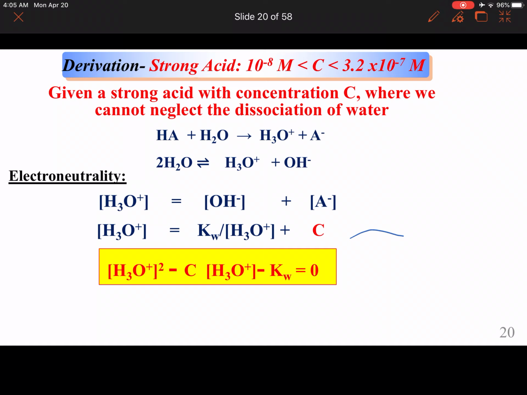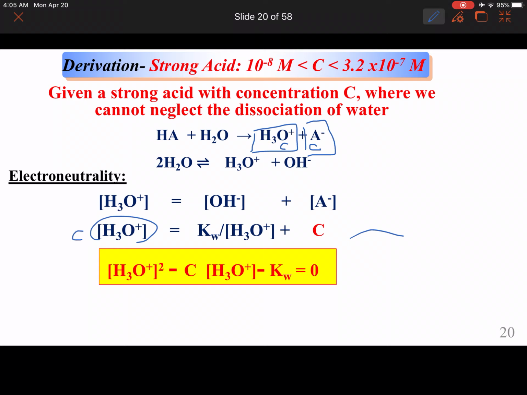What about A minus? Well, A minus is actually simply the concentration of the original acid, because we know that the acid, when it dissolved, gave me a C amount of H plus and a C amount of A minus. Now, when I was a student, I couldn't get into my mind why I don't also put C here.